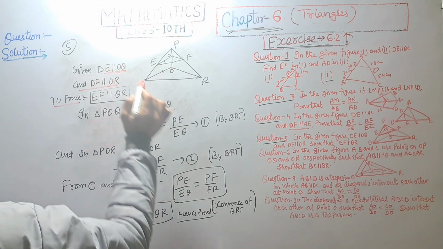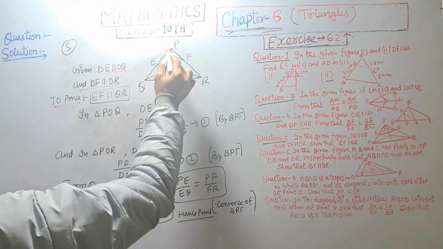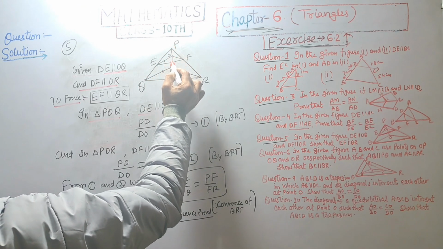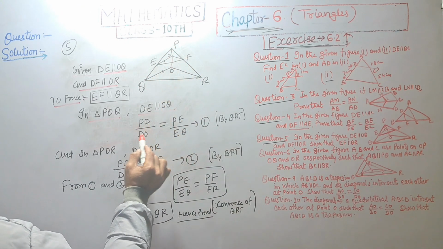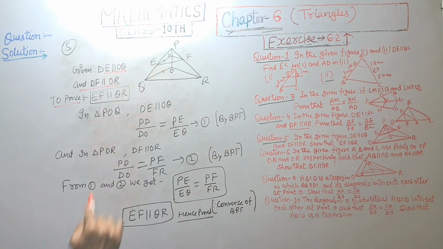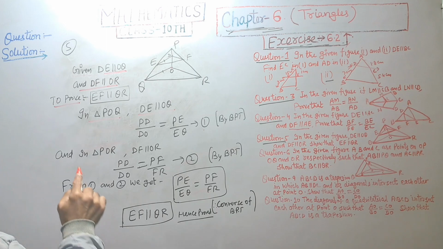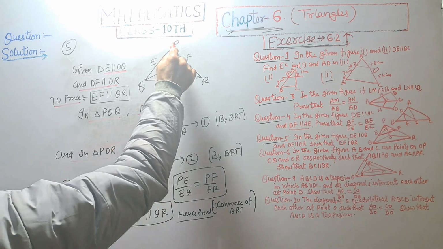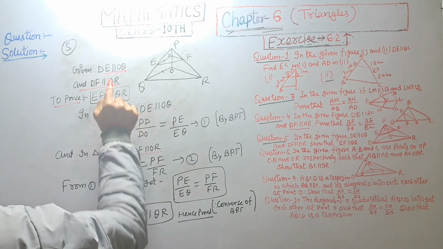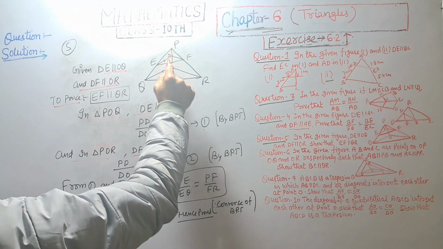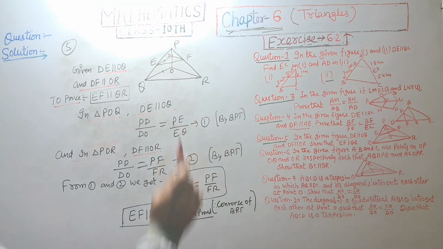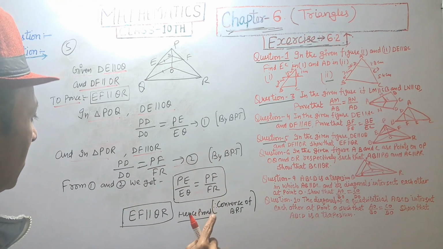When DE is parallel to OQ, by BPT, PE upon EQ is equal to PD upon DO. It's equation number first by basic proportionality theorem BPT. And similarly in another triangle POR, when DF is parallel to OR, PD upon DO is equal to PF upon FR. It's equation number second by BPT.